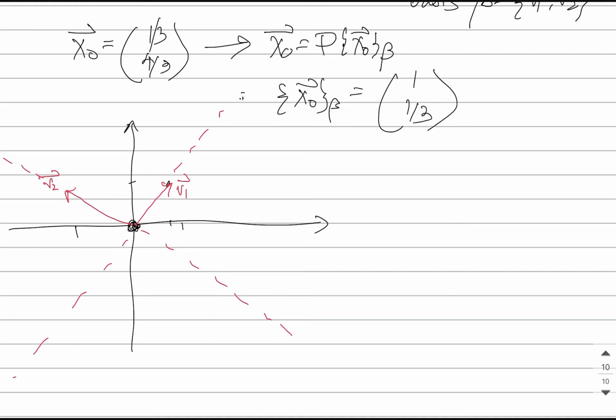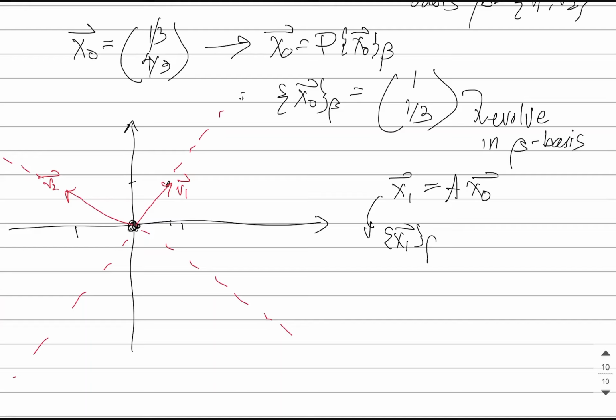I now want to evolve this, but I want to evolve it in the eigenvector basis. If I want to figure out x1, x1 is like saying take A and apply it to x0, but I want to do it in eigenvector basis. And that's the whole point of all of this.